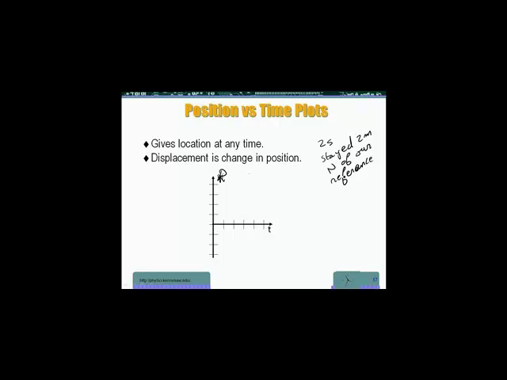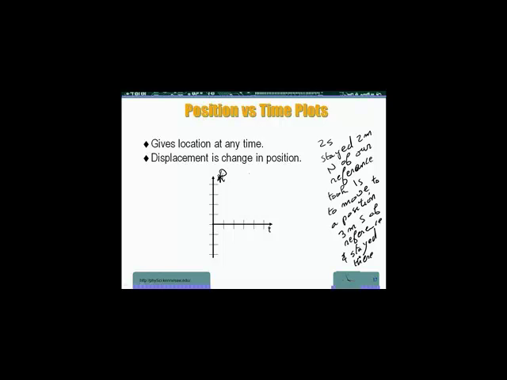Then that person took a second to move to a position 3 meters south of the reference. And stayed there. Okay. Let's try to graph that here.